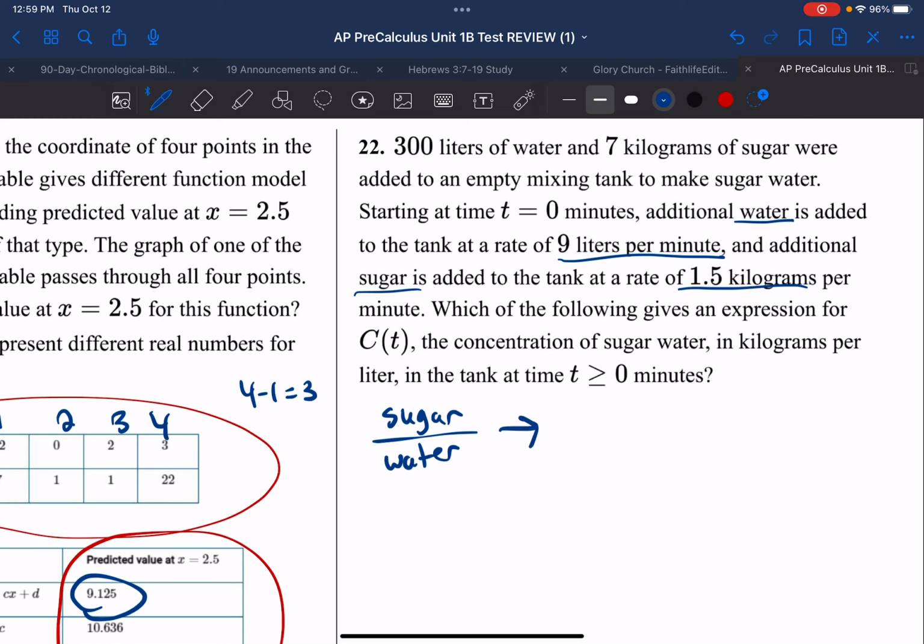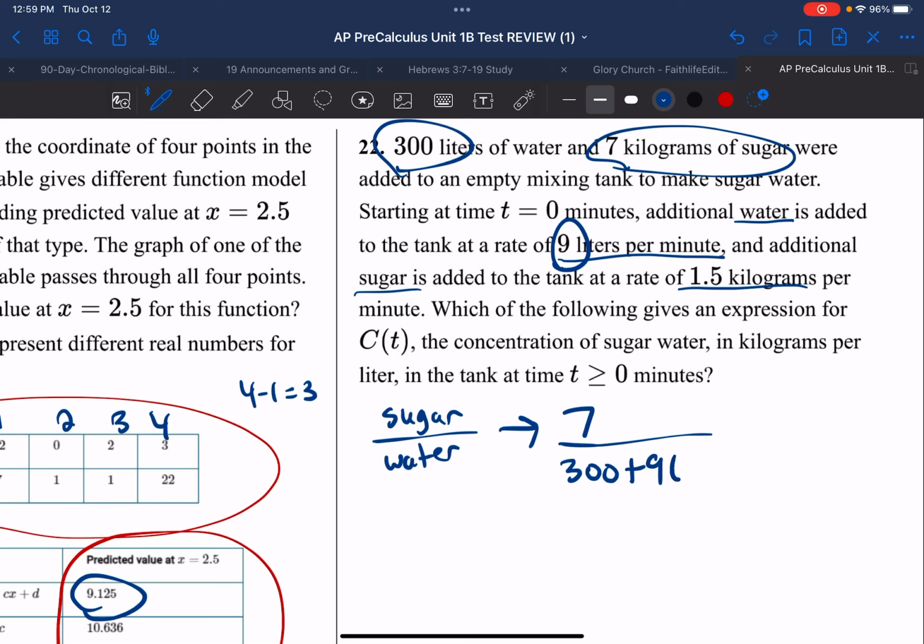Well, this leads me to how much sugar do I start with? I start with 7 kilograms. So I start with 7, and I start with 300 liters of water. And then from there, it just says I'm adding 9 liters of water per minute.